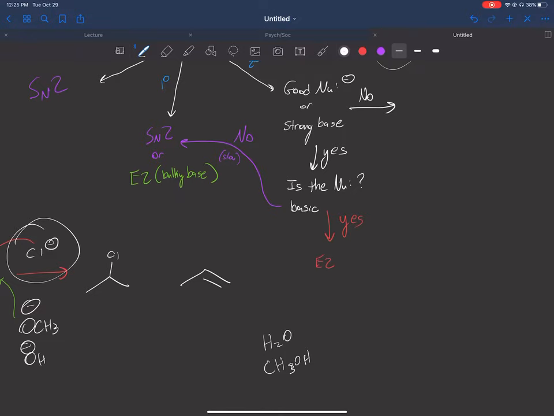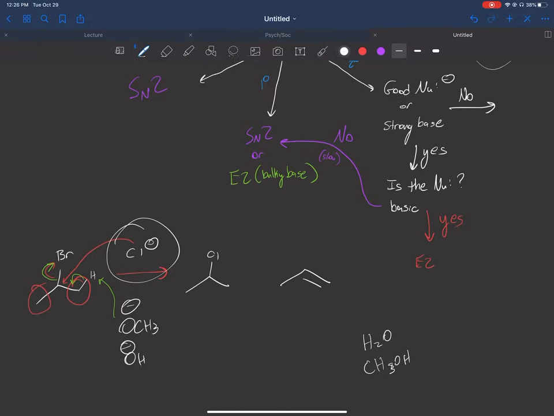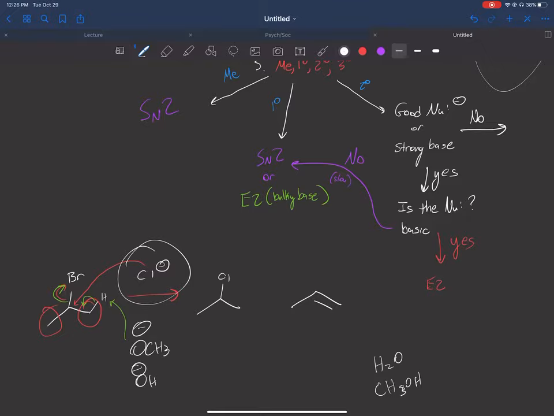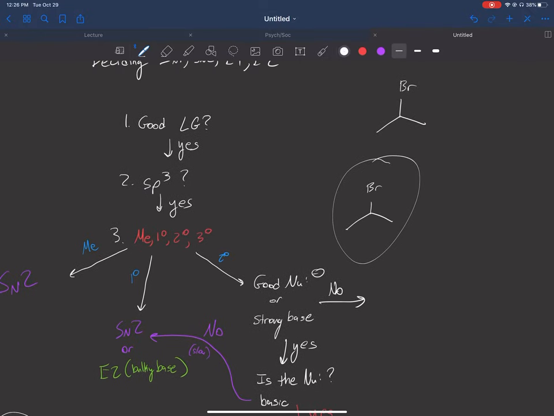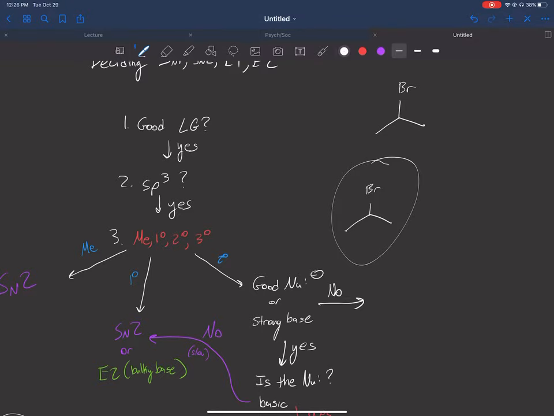So in this case, we now have to consider what's going to happen here. We have a secondary substrate. So think of the carbocation reaction. Secondary carbocations are relatively stable, so the possibility that the carbocation can form is pretty good.